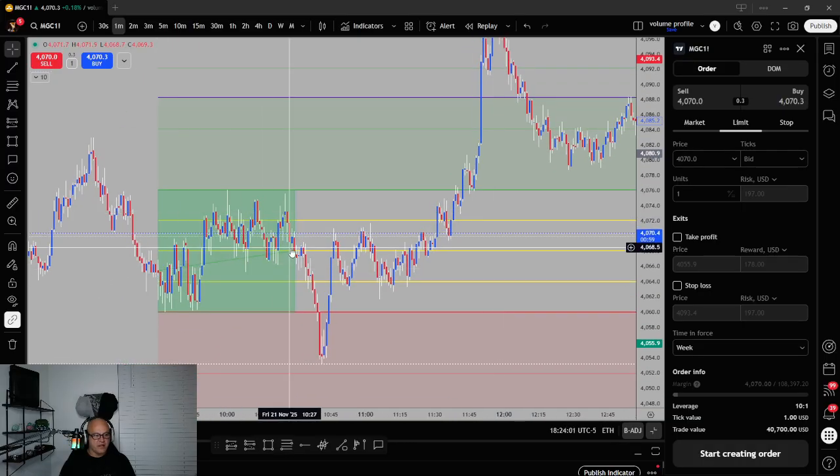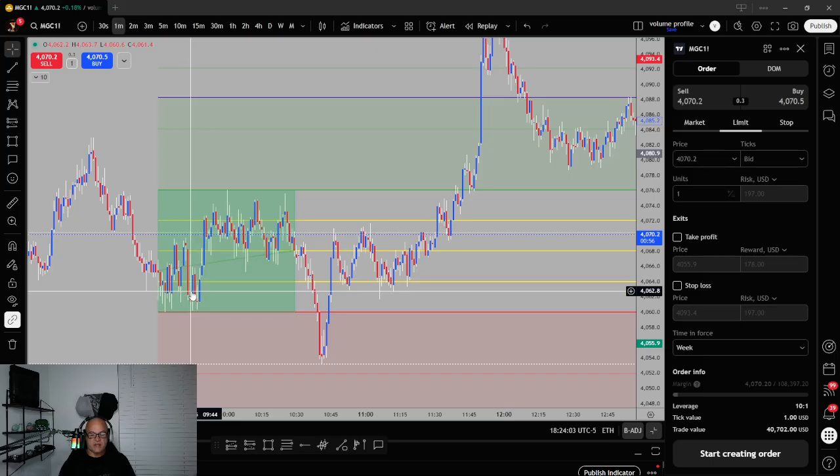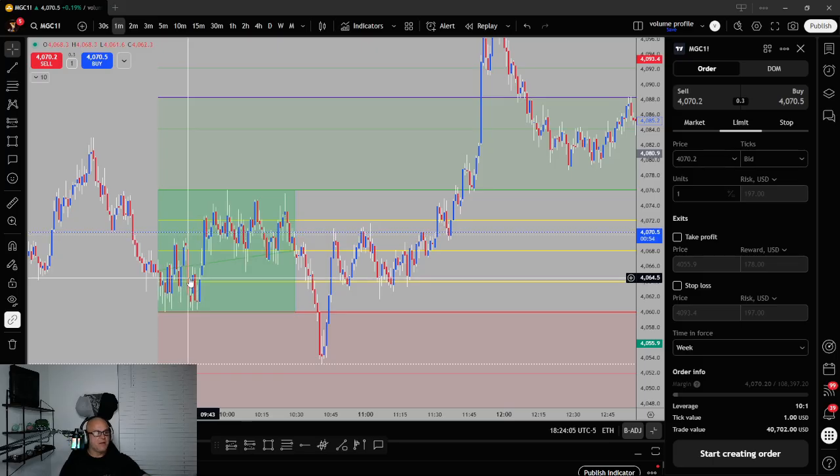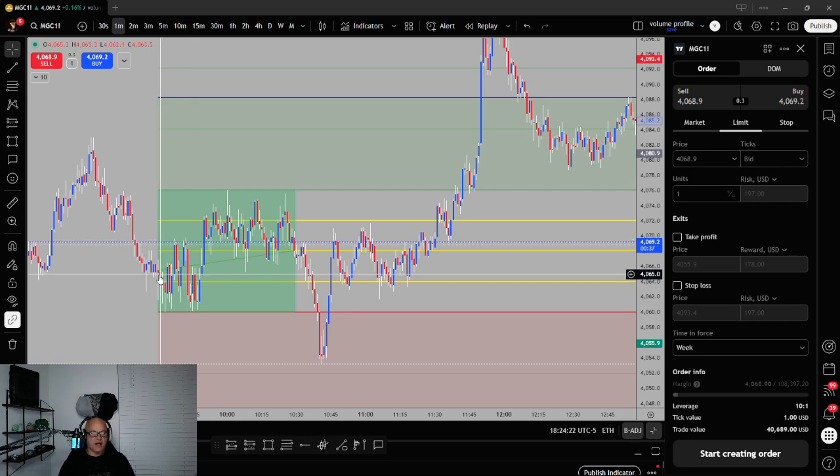So it opened here and it closed here. So this is a green candle, okay? So that kind of shows me what my bias could be for the day. So I'm looking for continuation of the first 1 hour candle.